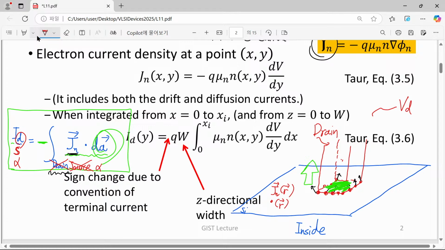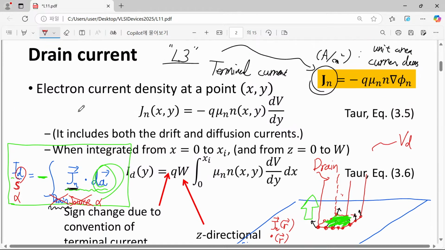So up to now, I just introduced the general definition of a terminal current. And now you clearly understand this terminal current. This terminal current is the quantity of our interest, but it can be related to what?